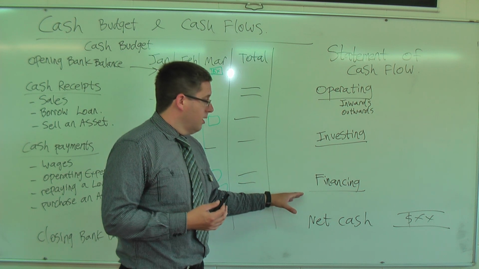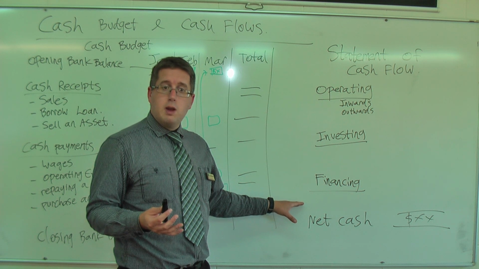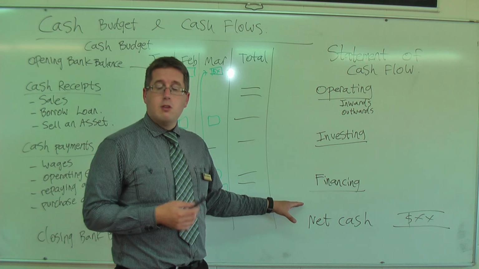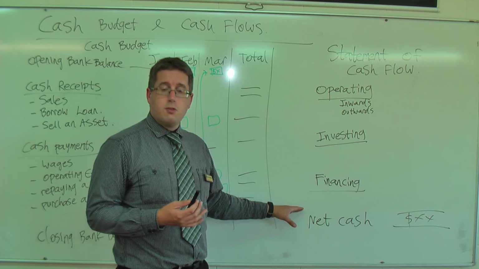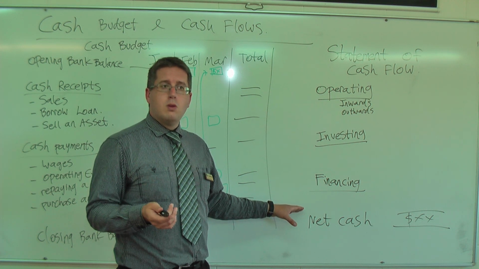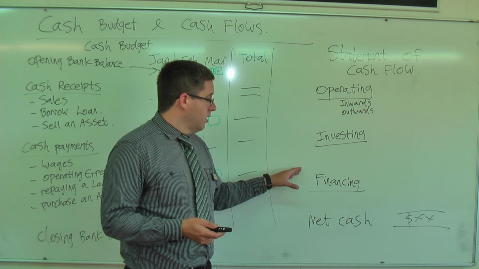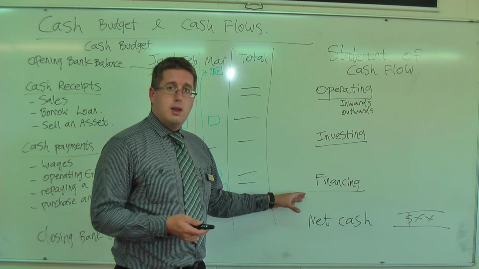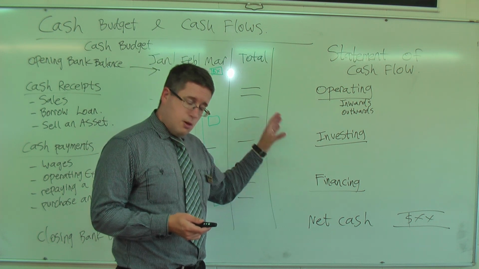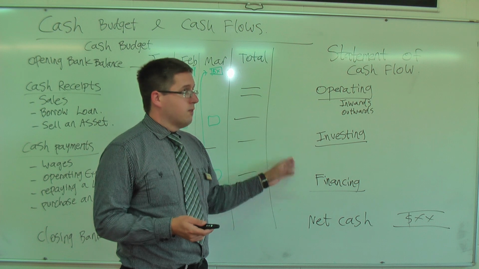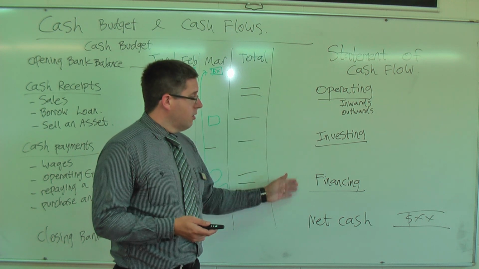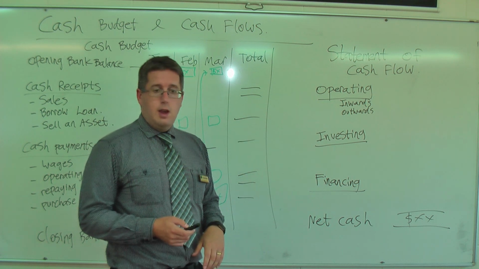Financing, sometimes when you borrow a lot of money from the bank, yes, it shows up as a source of financing, but overall, if you keep on doing that long term, it's not a good thing. So this is where the money is, the sources of financing, sources of income, sources of cash, I should say. So is it a healthy source of cash?